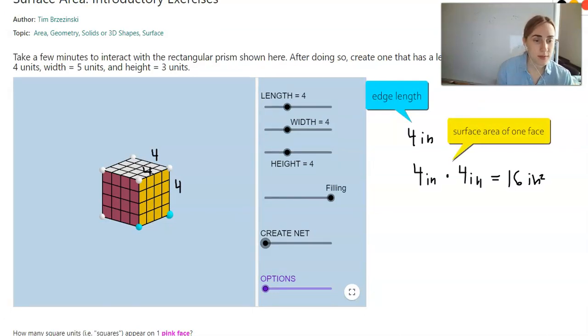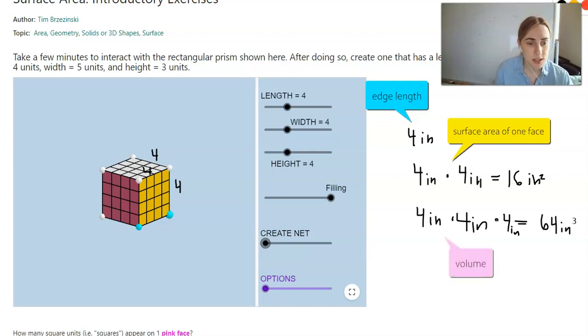And then if I wanted to find the volume, I would be doing my edge length times my edge length times my edge length, which would give me 64 cubic inches.